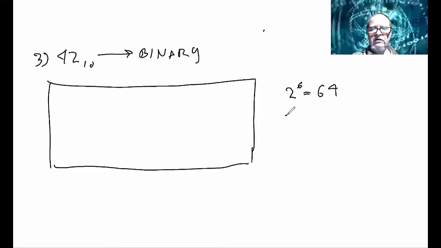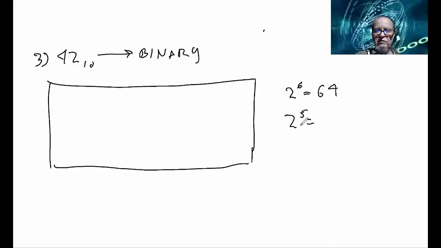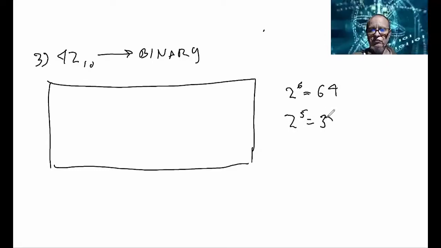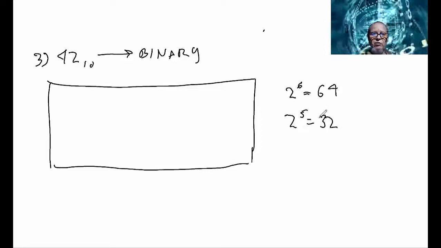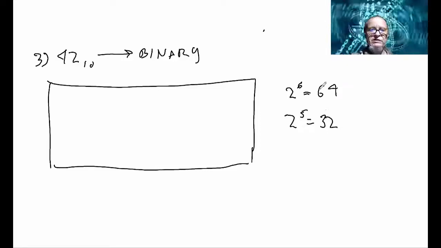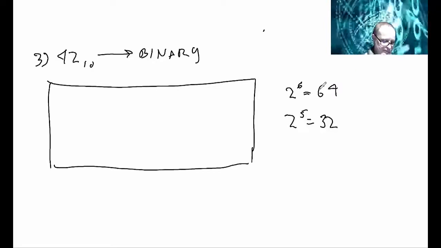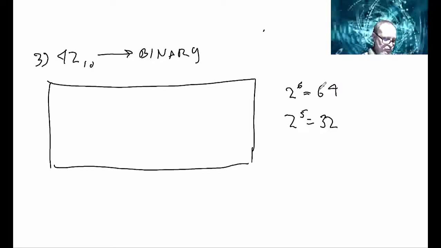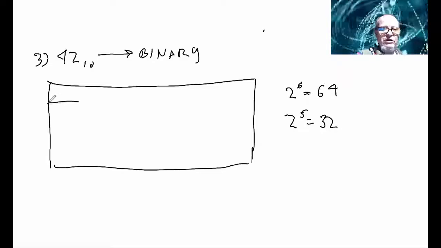So let's go down to 2 to the 5th, and that's 32. So that's as far as we really have to go, because 32 can go into 42, but 64 is just too big. So we construct our table.